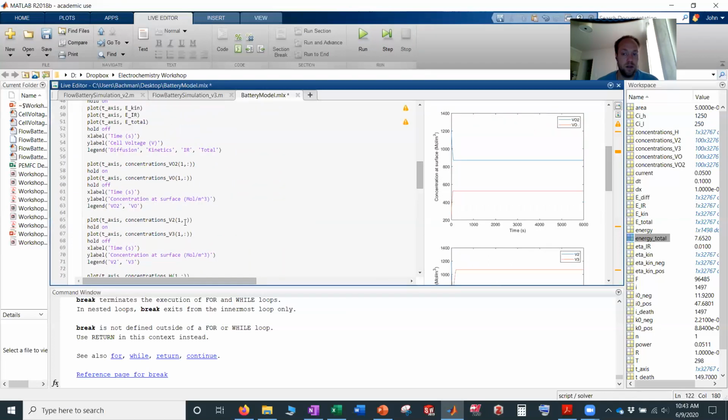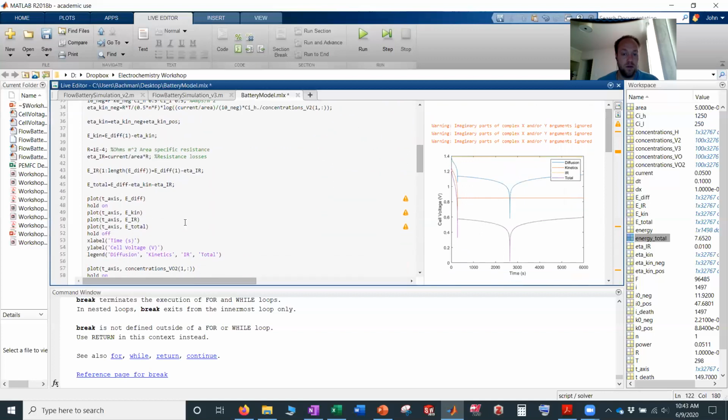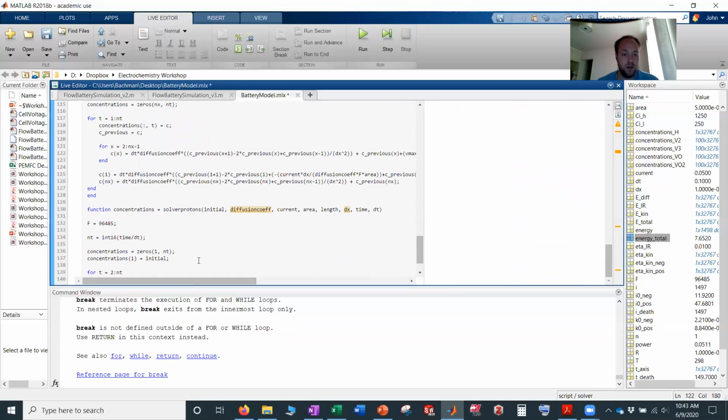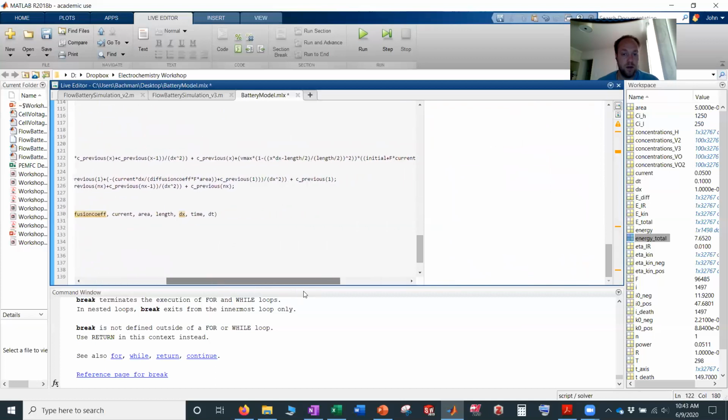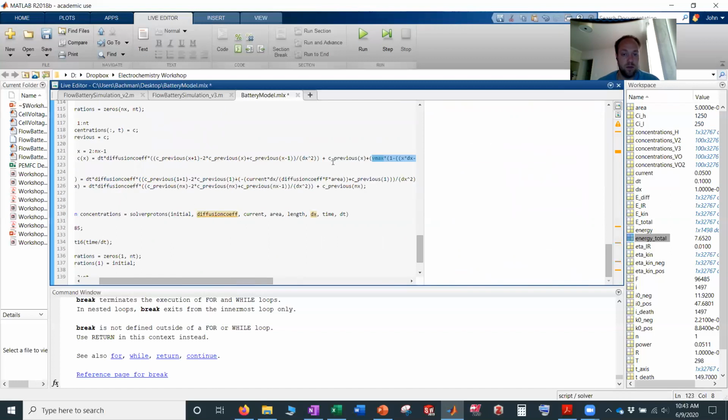Still not seeing the effect that we want. So let's see what this term is. Let's see what this term would be.